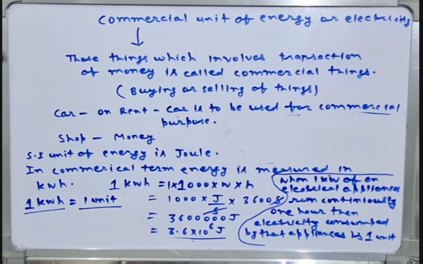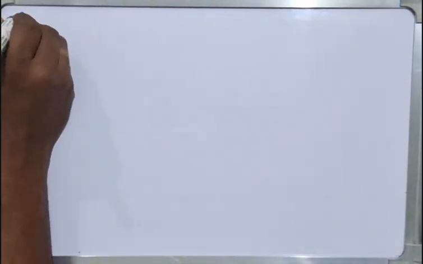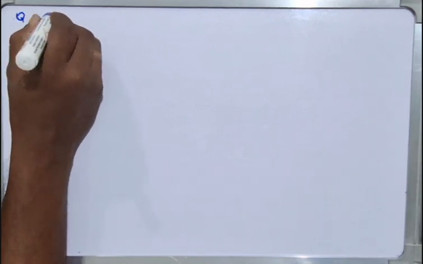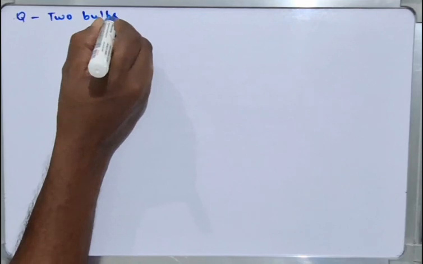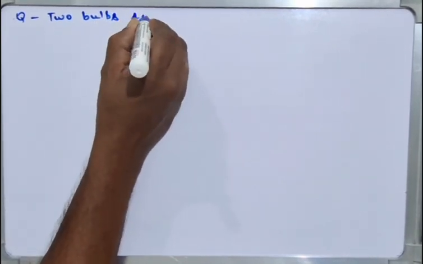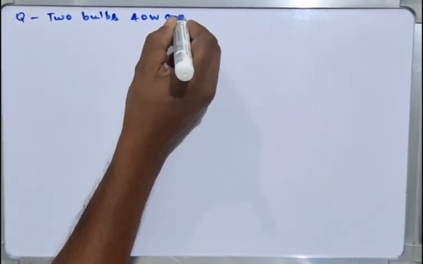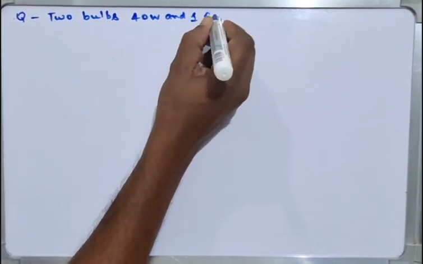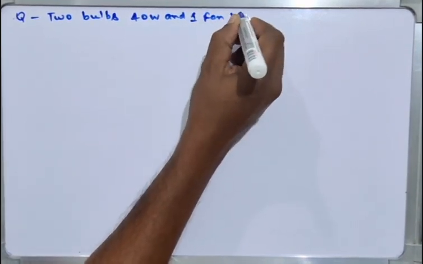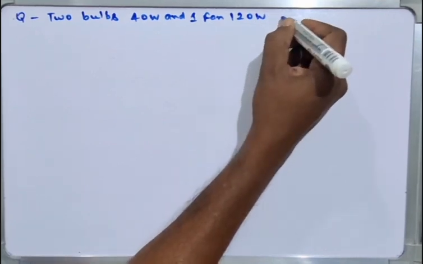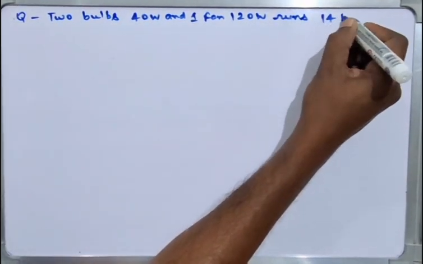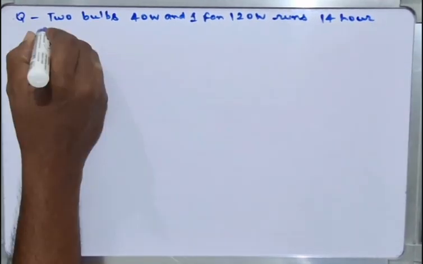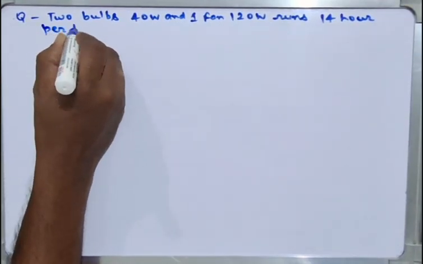Okay, see the question guys: two bulbs of 40 watt and one fan of 120 watt run 14 hours per day.